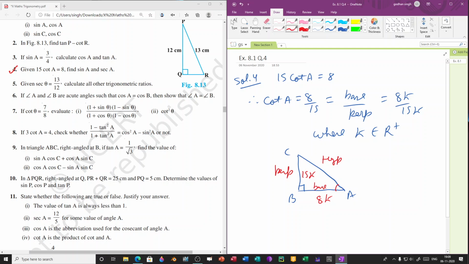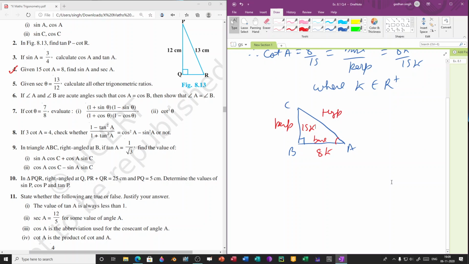Now what we need is the value of AC. So we can use Pythagoras theorem in this case. So we'll be applying Pythagoras theorem in right triangle ABC. We have AC square is equal to AB square plus BC square.